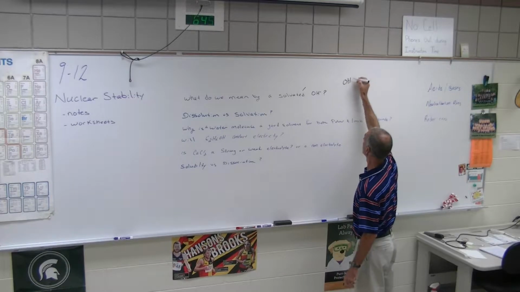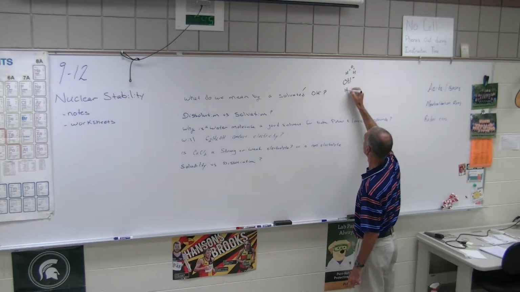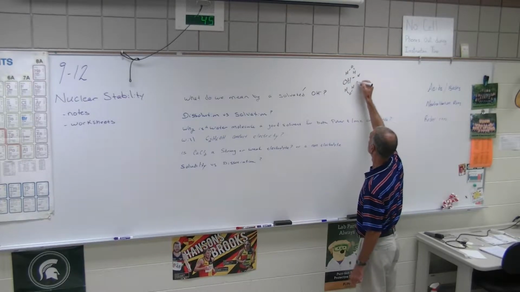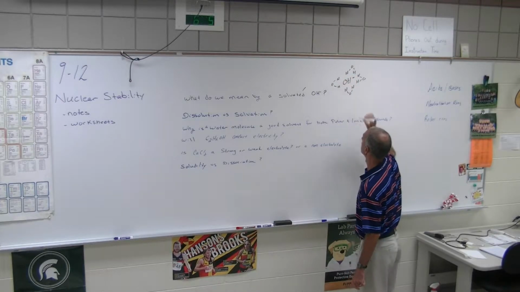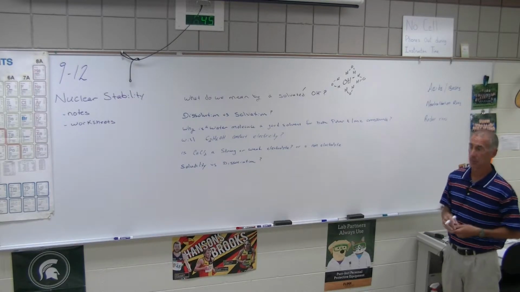So we have hydroxide, and then we're going to have the bottom part of the water attached or surrounding. Like that. So the hydroxide is being surrounded by the water molecules.